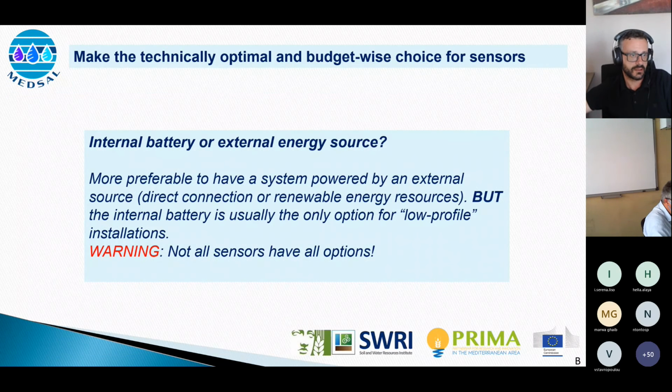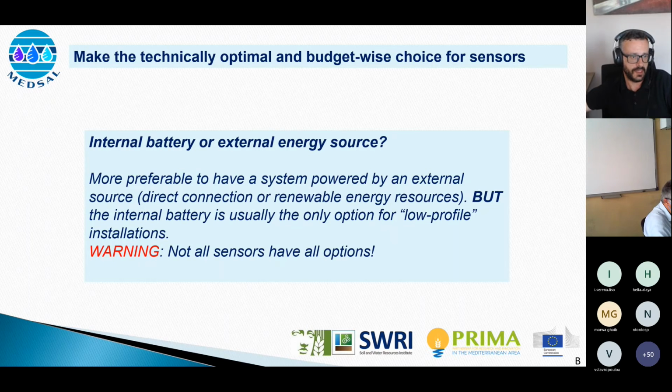So let's discuss this critical question: internal battery or external energy source. For sure, it is preferable to have a system powered by an external source. But the internal battery is usually the only option for low profile installations.